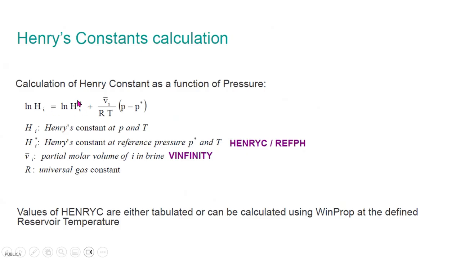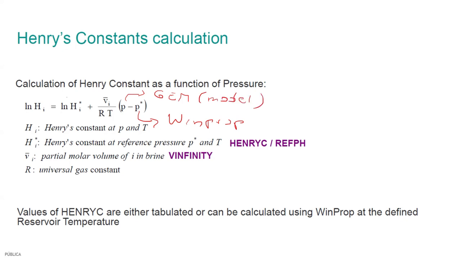I have a question. This pressure, the P star, is the pressure that comes from WinProp, and P is the pressure in GEM, in our numerical model.